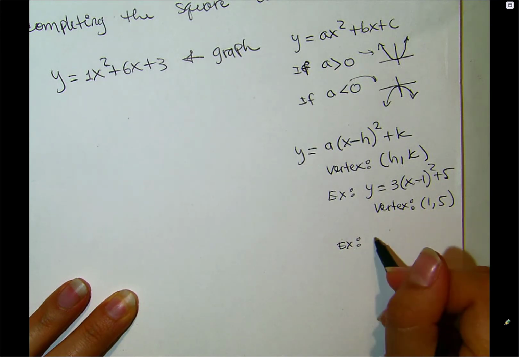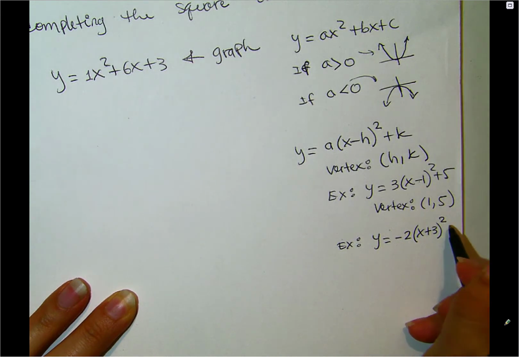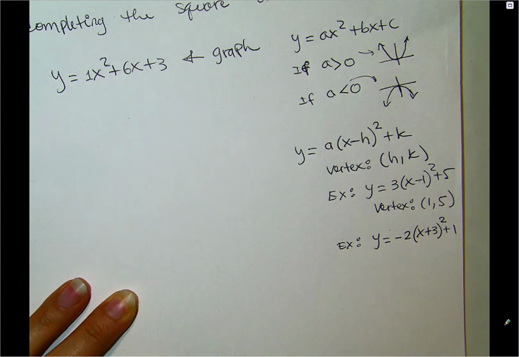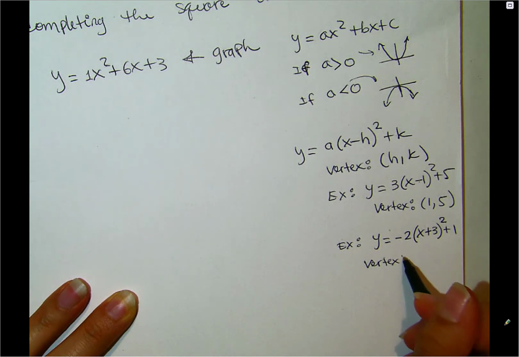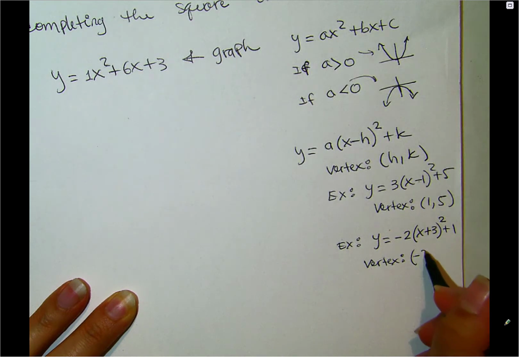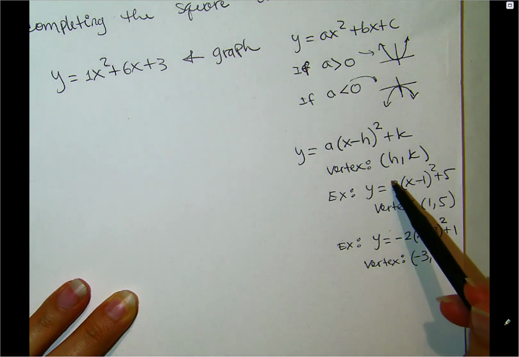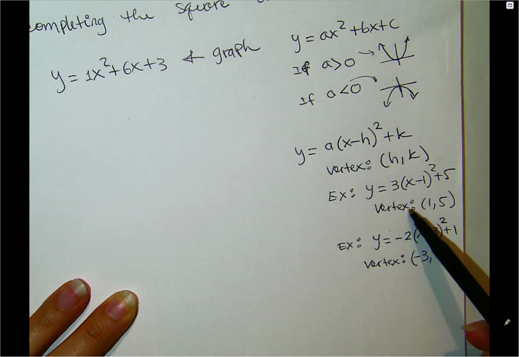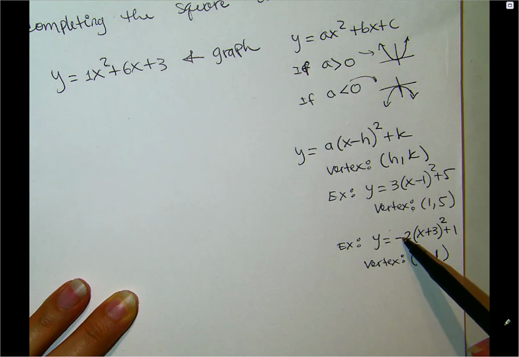If I had y equals minus 2 times (x plus 3) squared plus 1, say, now the vertex will be the opposite of that plus 3, so the opposite of plus 3 is negative 3, and that one stays the same, so it will be a 1. Notice that in the first one, the a is positive, so this is going to be a happy face parabola, opens upwards, and here the a is minus 2, so it's going to be a sad face parabola, so it's going to open downwards with that vertex.